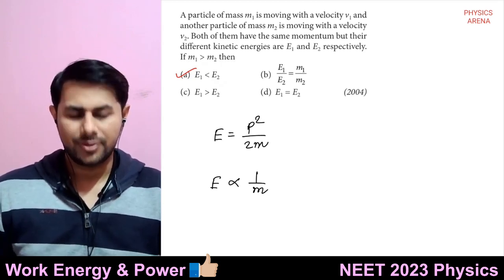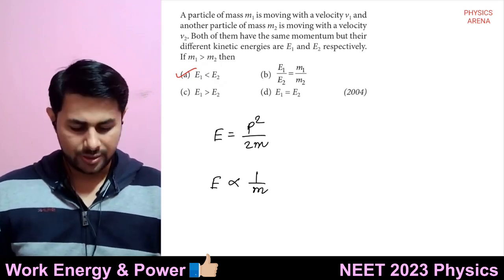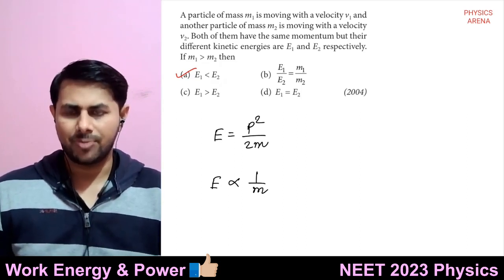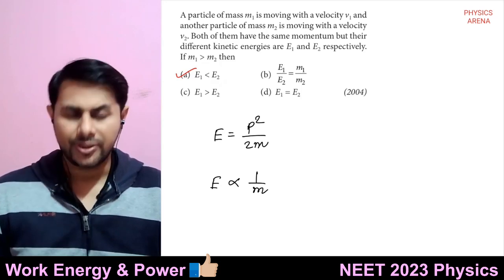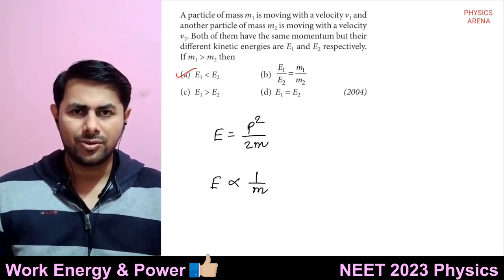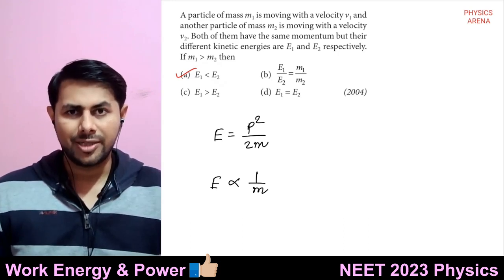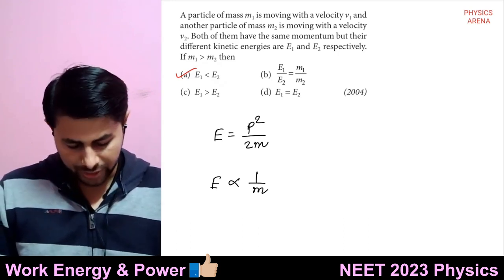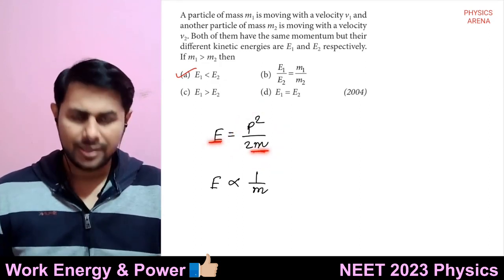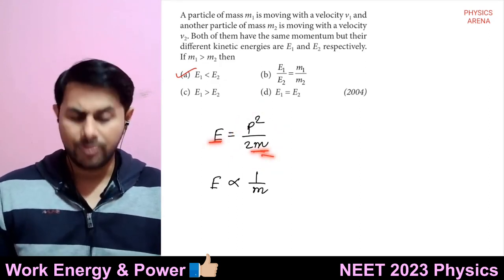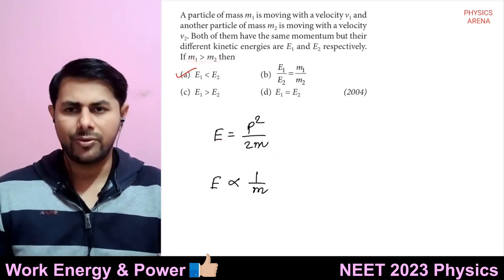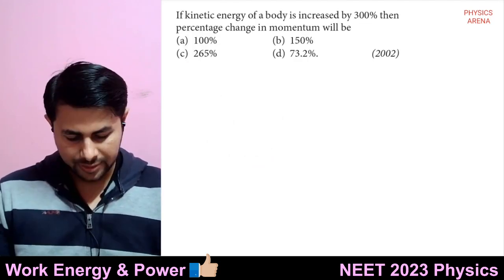So whether the velocity is given or the momentum is given, depending upon that. Momentum is given, momentum is the same. Kinetic energy is inversely proportional to mass now, because momentum is equal. So we have to use this formula. If mass is more, energy will be less. If mass is less, energy will be more. So since m1 is greater than m2, E1 will be less than E2. Next question.